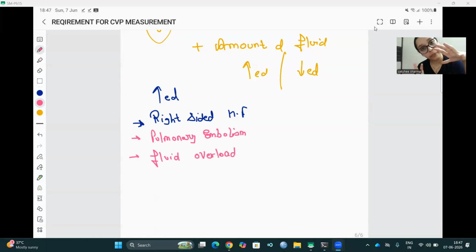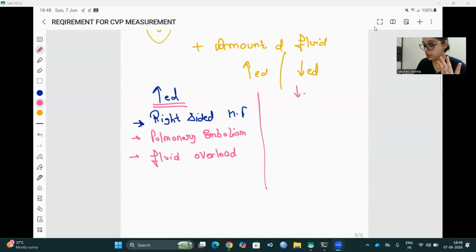So if the amount of blood is increased, then the pressure exerted by the blood on the valve is also going to be increased. So in these cases, the CVP is increased. Now let's see what are the cases in which the CVP is decreased.